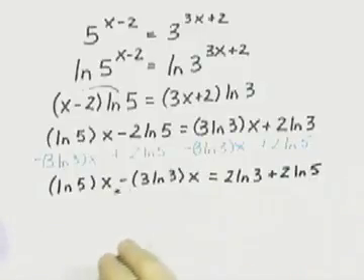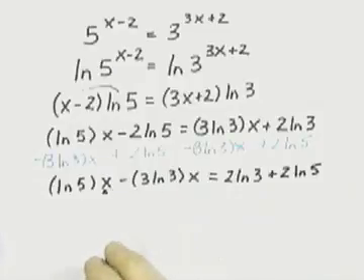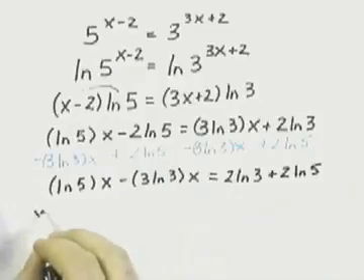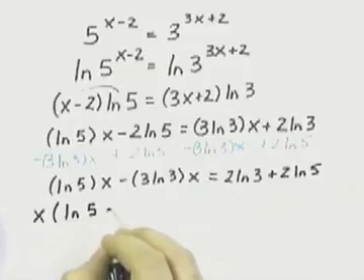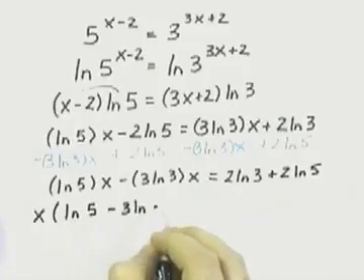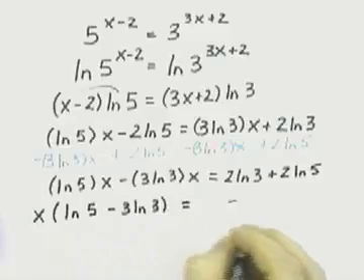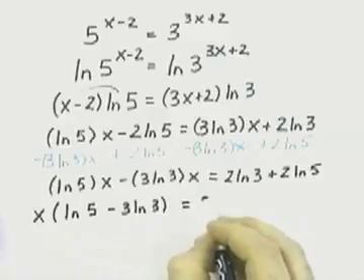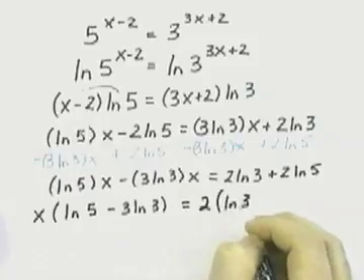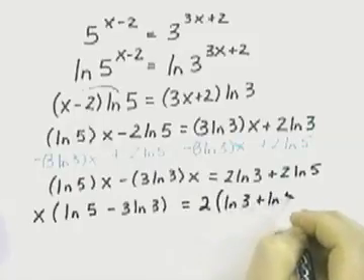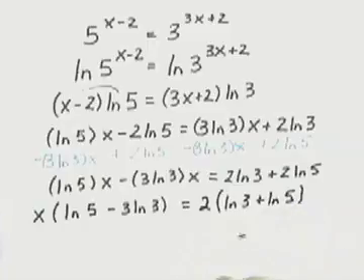Now, on the left-hand side, do you see the common factor x? I factor that out, and I'm left in parentheses with natural log 5 minus 3 natural log 3. On the right-hand side, I have a common factor of 2. I'm just going to go ahead and pull that out, and I get natural log 3 plus natural log 5 left in the parentheses.